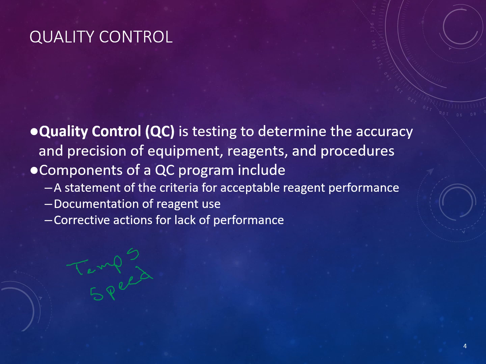There are various components included in a QC program, which again includes making sure that you have properly performed QC on those reagents every day. Each day, someone is responsible for testing the reagents to make sure that they're not denaturing over time with use, or haven't been contaminated.